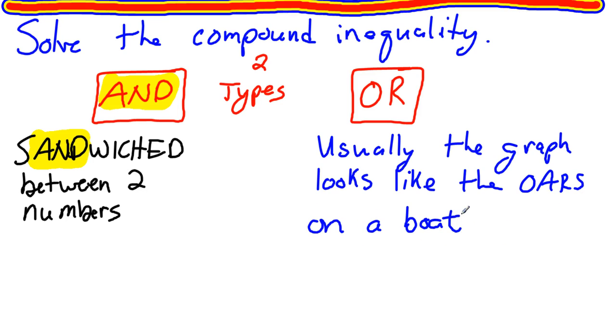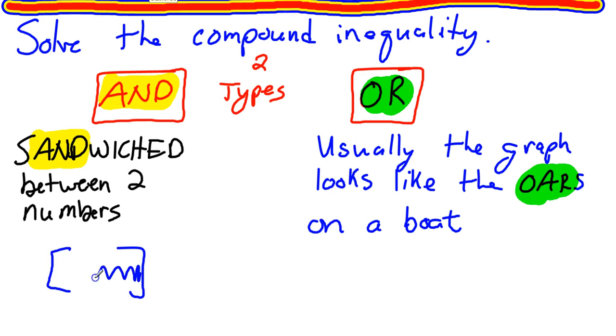And again, there are always exceptions to the rule where sometimes it doesn't work out this way, but most of the time, if we have an or statement here, it looks like an or statement there. Most of the time with an and statement you're going to have it sandwiched between two numbers, something like this. It's almost like your buns: here's the buns on the ends, here's the meat in the middle. Or if you're vegetarian, there's the lettuce in the middle.